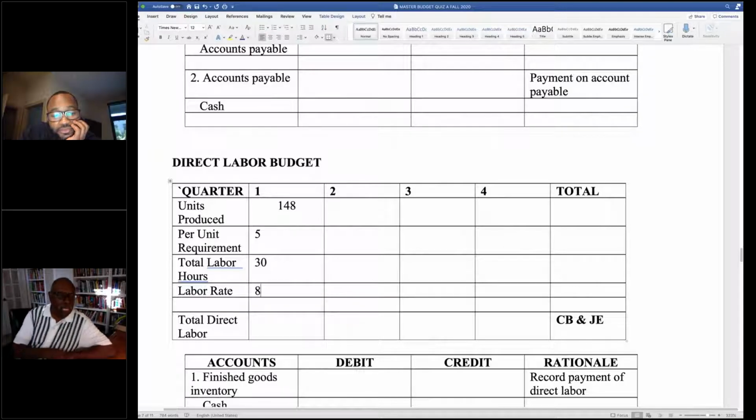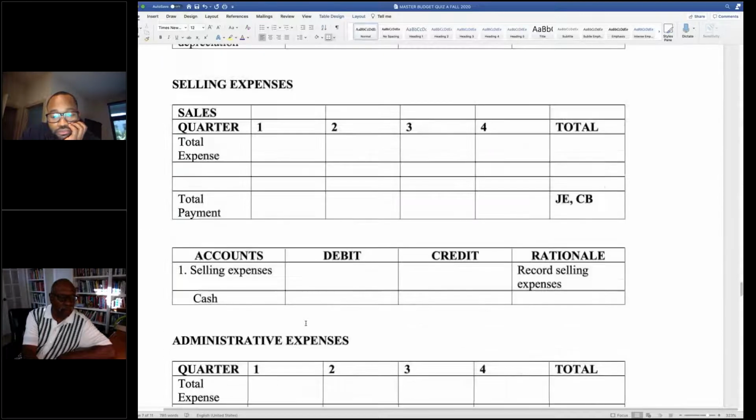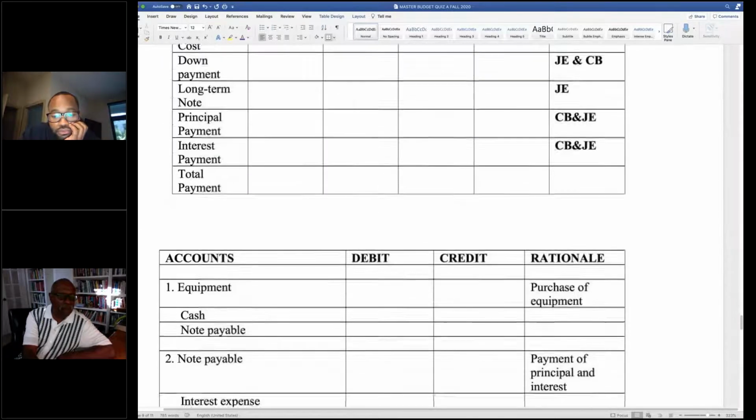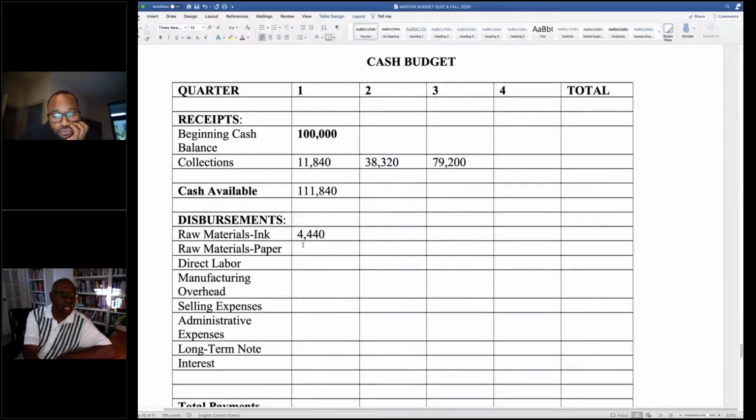All right, so we're gonna multiply labor hours, 30 times 8. So the total direct labor is how much? 240. So put the 240 in there. Then we're gonna take the 240 and put it on the schedule right here for labor. 240. Okay.